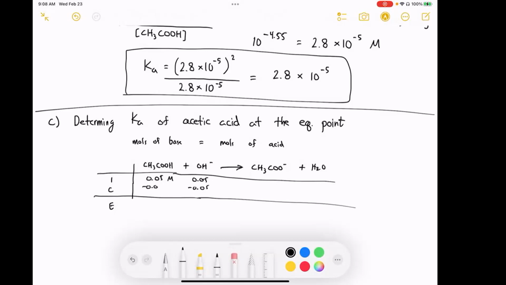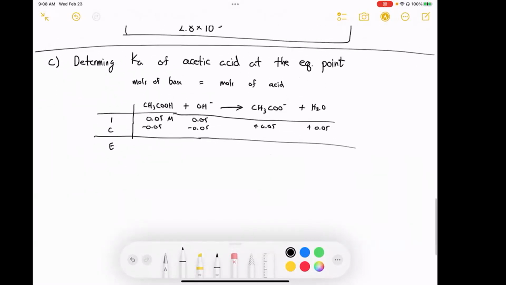And here's going to be 0.05. But what we add at the equivalence point is going to produce plus 0.05 and plus 0.05 of water. But we don't care about water because it's the solvent. So our change here, we should have 0 acid and 0 strong base.